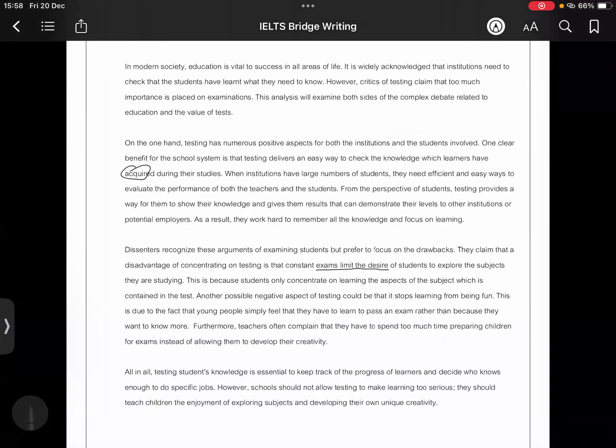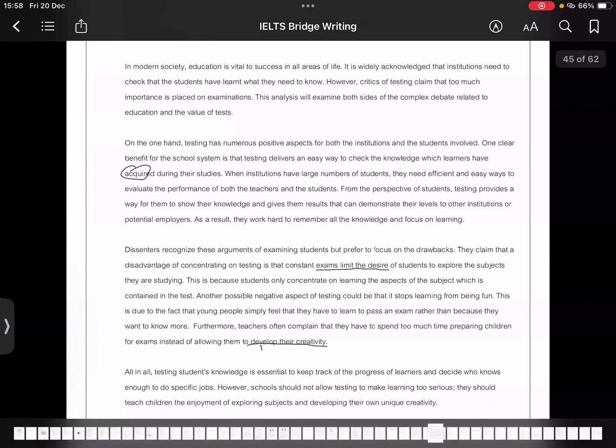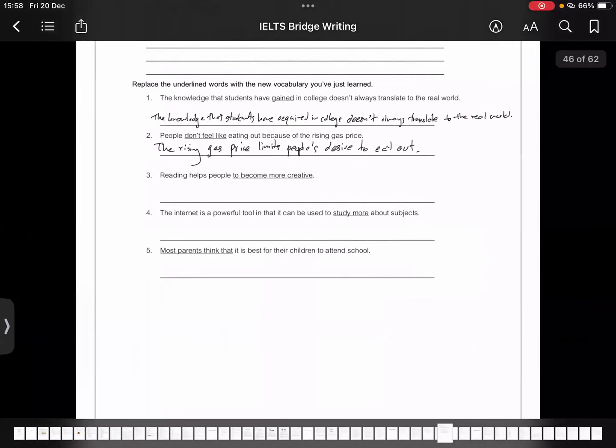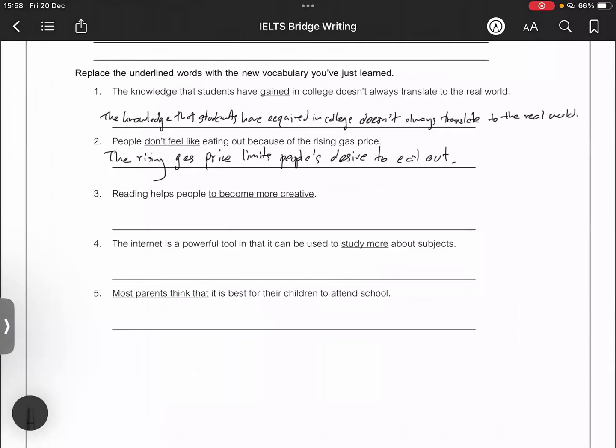To develop creativity. Somewhere here. Yep. Develop their creativity. So reading helps people to develop their creativity.